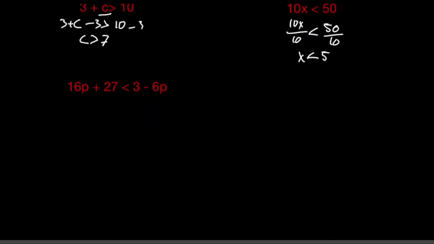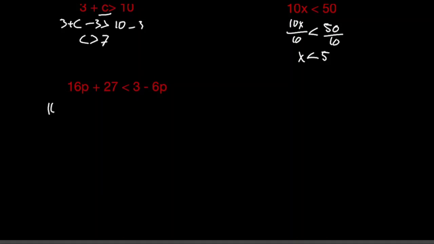we have 16p plus 27 is less than 3 minus 6p. Since we have two terms with that p variable, I'm going to try and bring this minus 6p over here and this 27 over here. So I'm going to add 6p to each side.